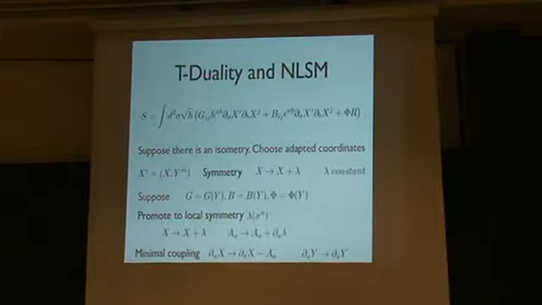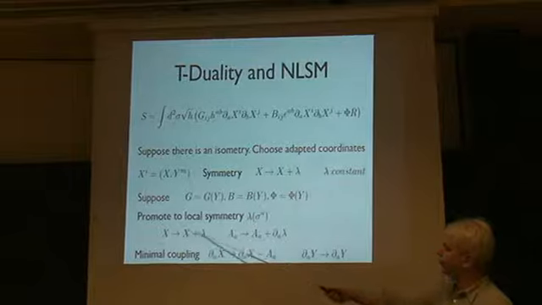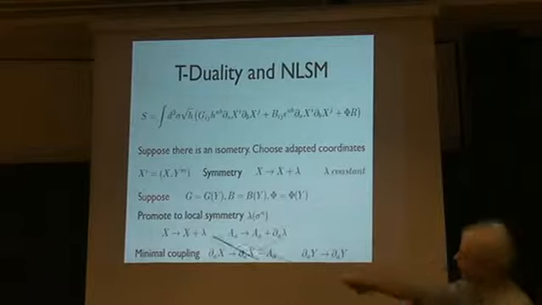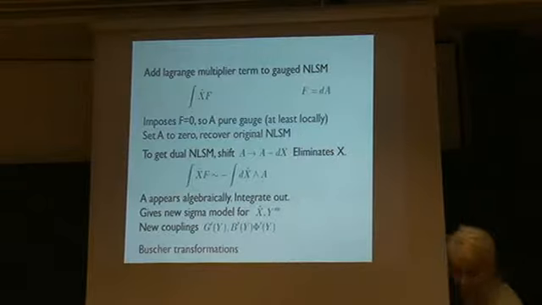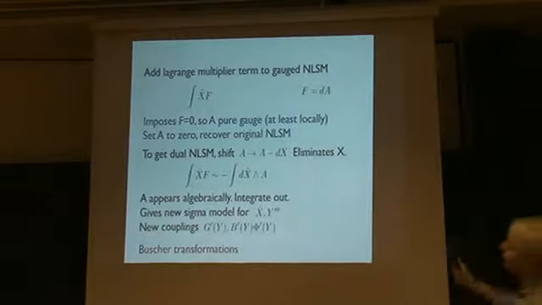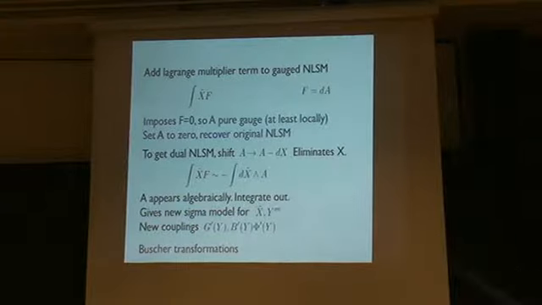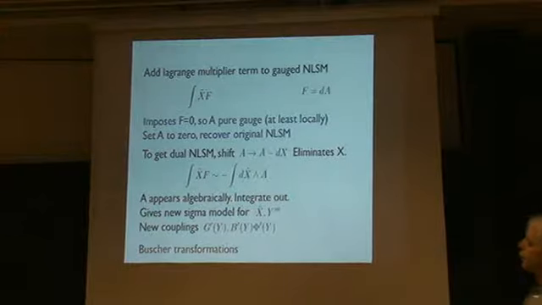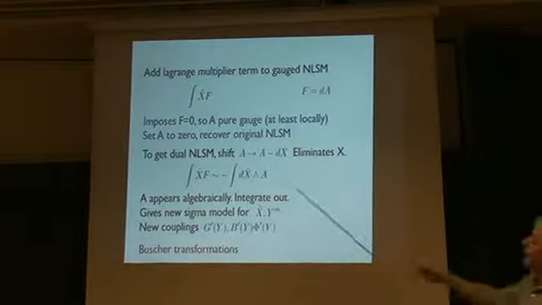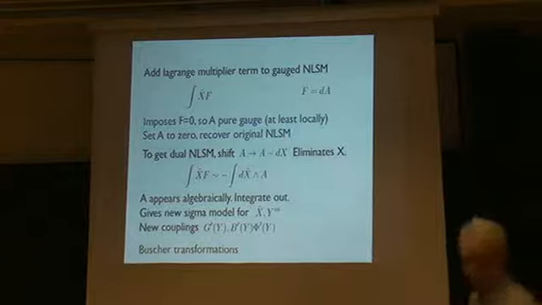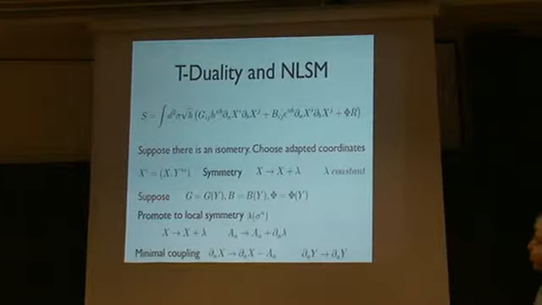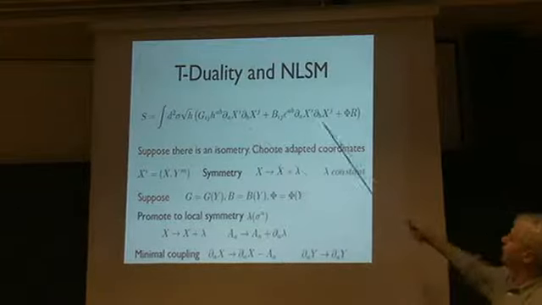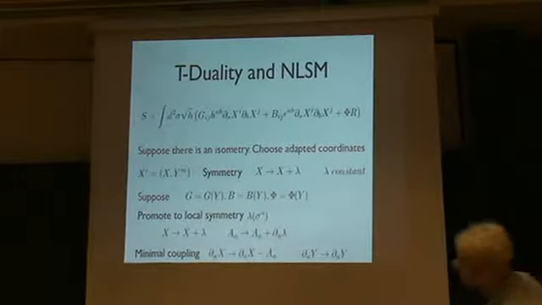Or another way of saying that is we could use this gauge symmetry to gauge x to 0 locally, because x is an arbitrary function of sigma, and lambda is an arbitrary function of sigma, so I choose lambda equals minus x to gauge x to 0. So we could do that, and then x drops out. Then, if we integrate by parts, this becomes something which is dx tilde wedge A, and so we just have A appearing algebraically here, and each of the grad x's has been replaced by an A, so we get some A squared terms here, some A squared terms here. So A is an auxiliary field appearing algebraically.